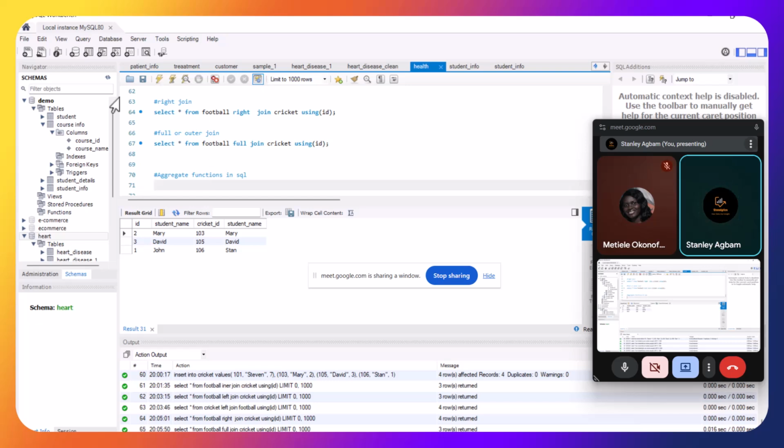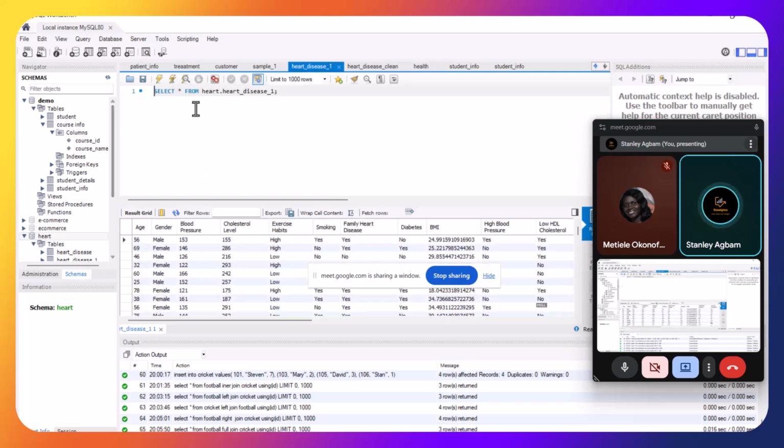So I'm going to call the data set in the database.